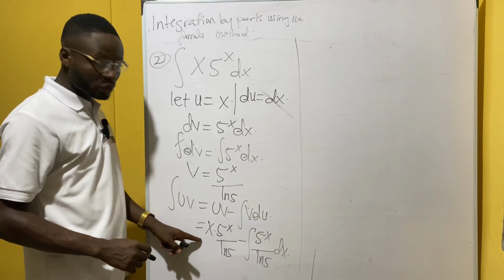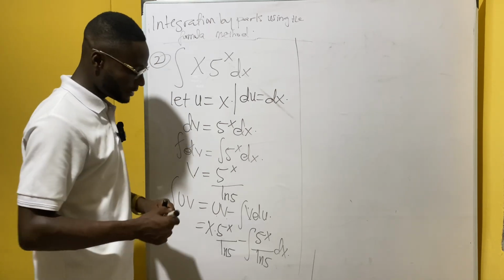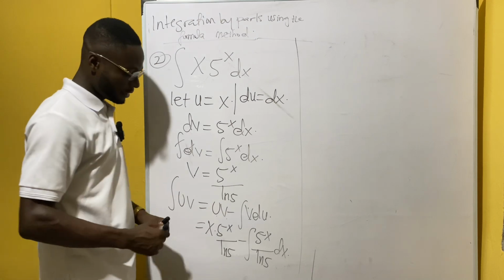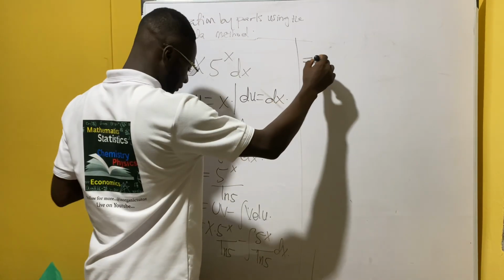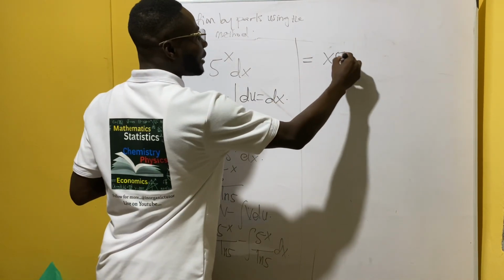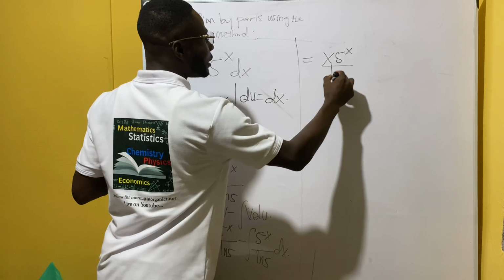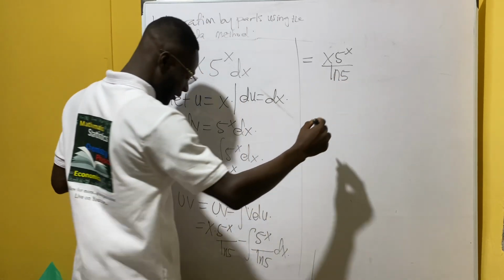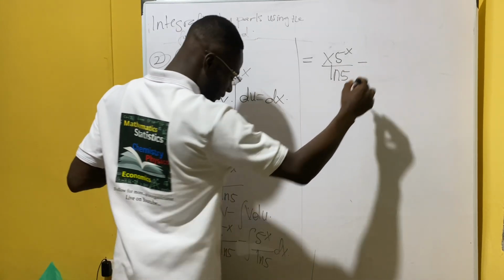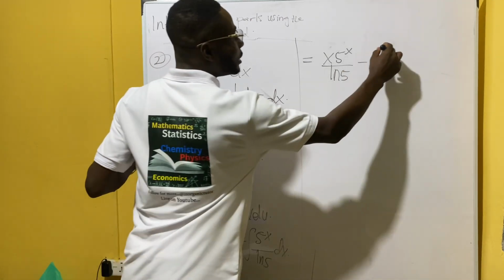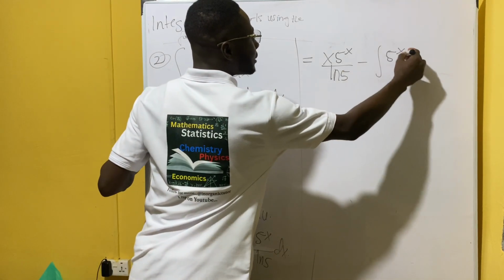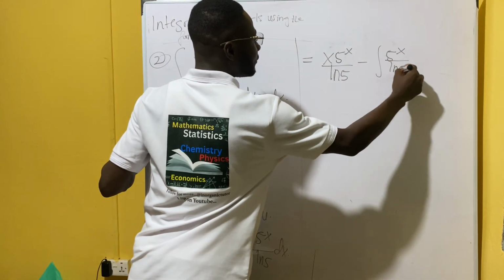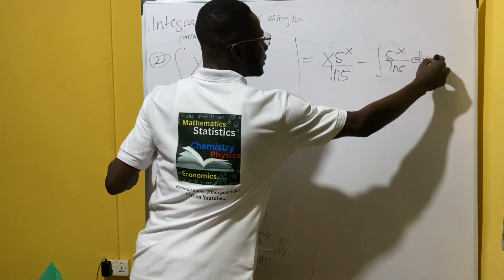So what we do here is that we simplify this and integrate the second part. So we have x 5 power x all on ln 5 minus integral of 5 power x all on ln 5 dx.